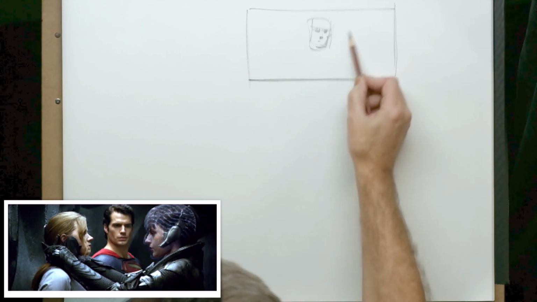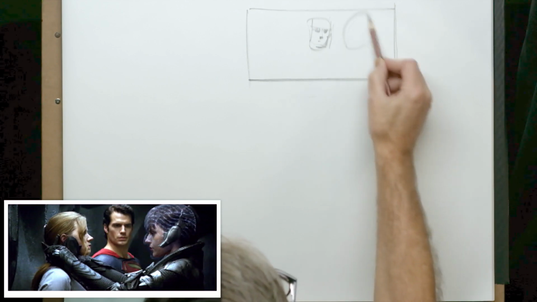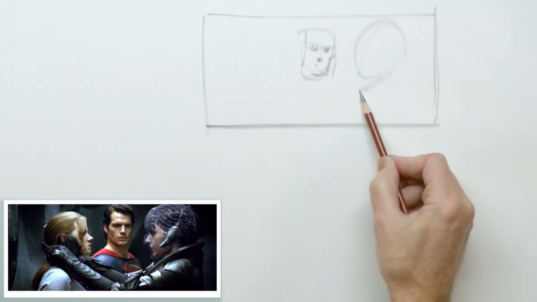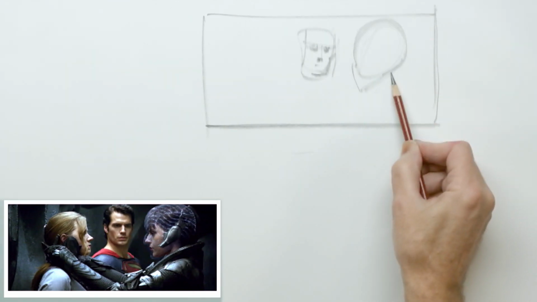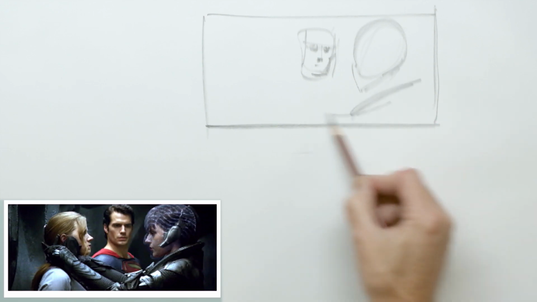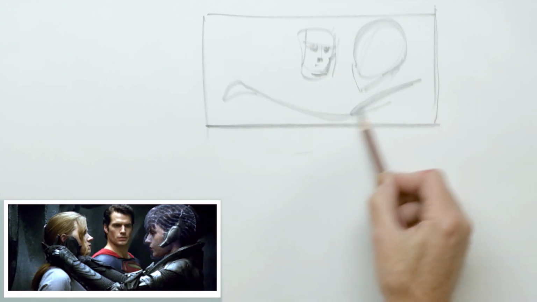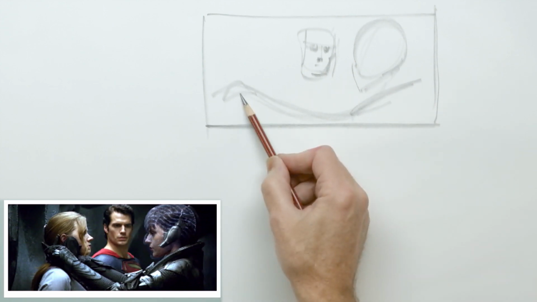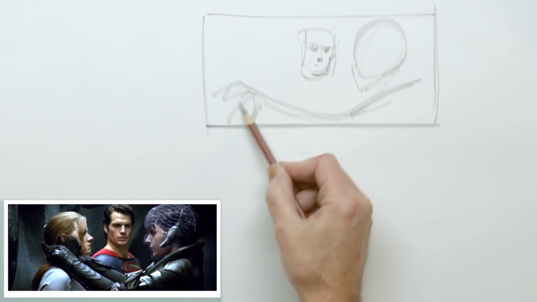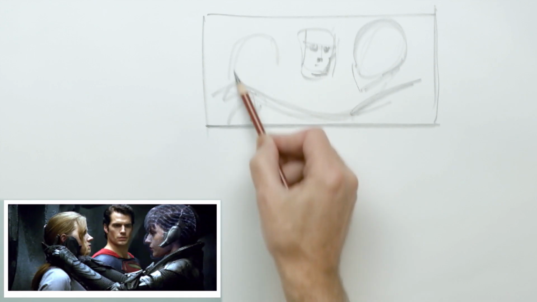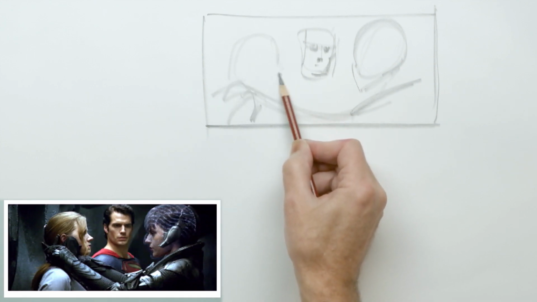Okay, and then we get this character over here. Now there's a continuous line over here, so it closes the frame. And then we have the other person over here.